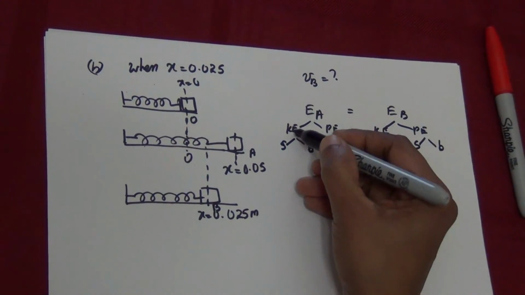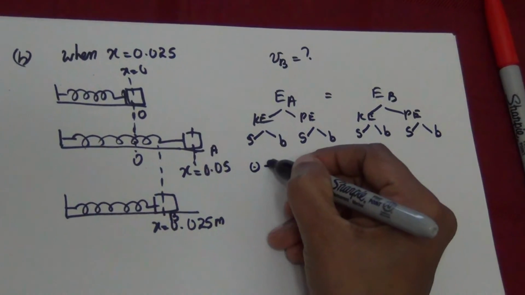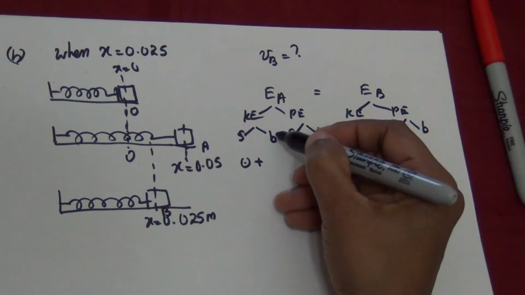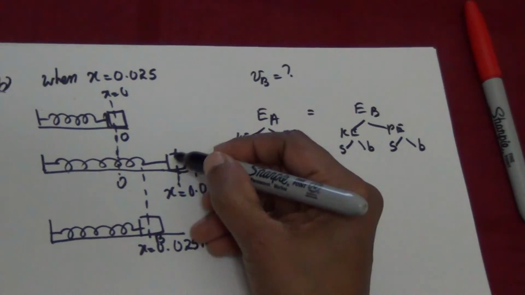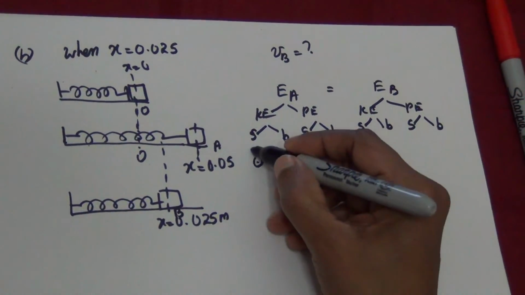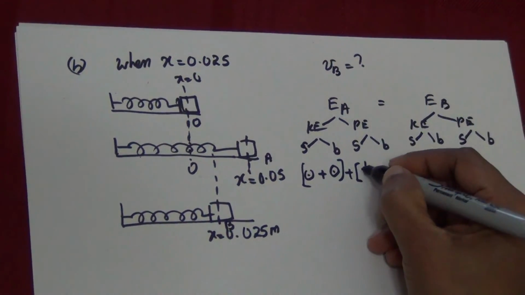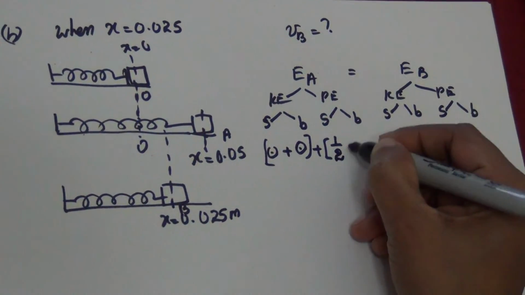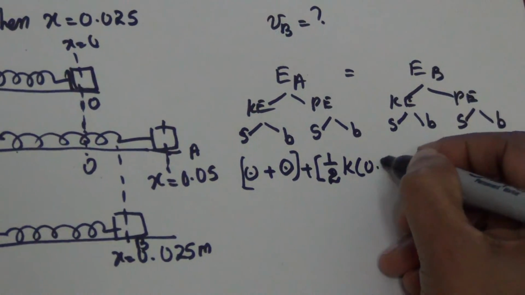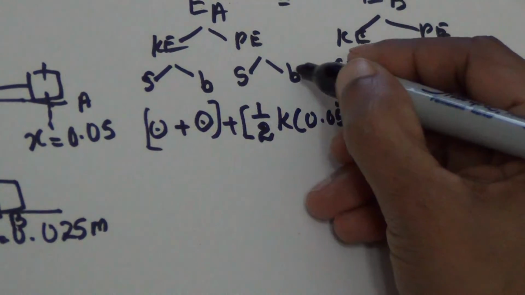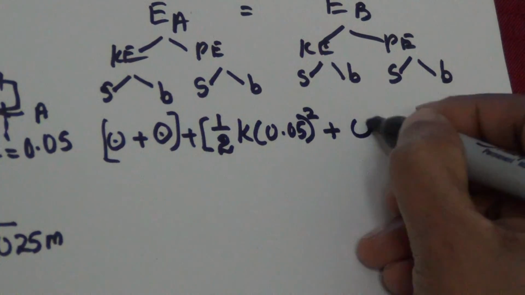As earlier, the kinetic energy of the spring is always 0 because the mass is 0. The kinetic energy of the block is 0 because it starts here. And the potential energy of the spring here is 1/2 k 0.05 squared, plus the potential energy of the block, 0.